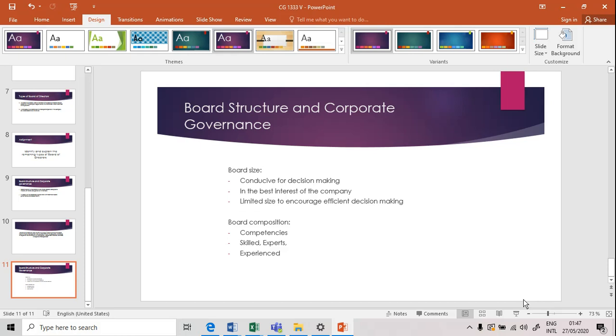It is also important to consider experienced individuals when there is consideration for board composition. So all of these and many more must be considered in the structuring of the board.